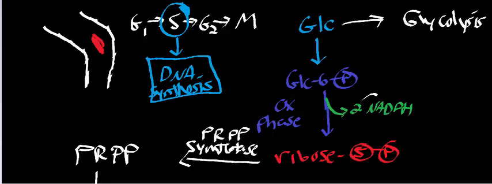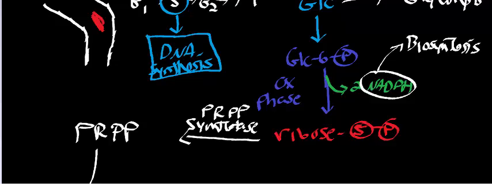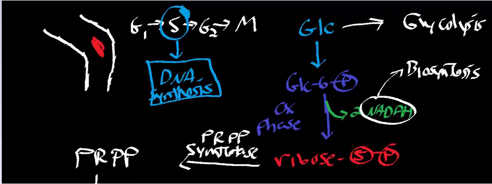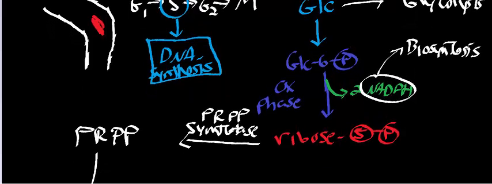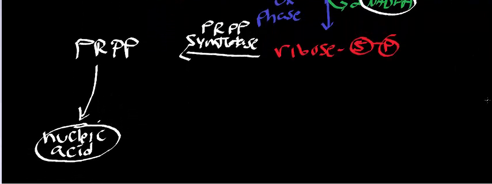And not only that, in the oxidative phase, we produce 2 NADPH, and that also goes toward biosynthesis, not just of nucleic acids, but of other things as well that you need for the cell to live. So you eat a little bit more glucose, and you get the glucose 6-phosphate into the pentose phosphate pathway, and ultimately, you get phosphoribosyl pyrophosphate and ultimately nucleic acids, right?